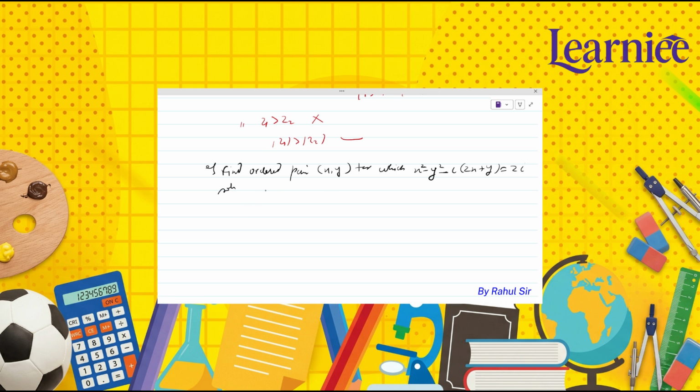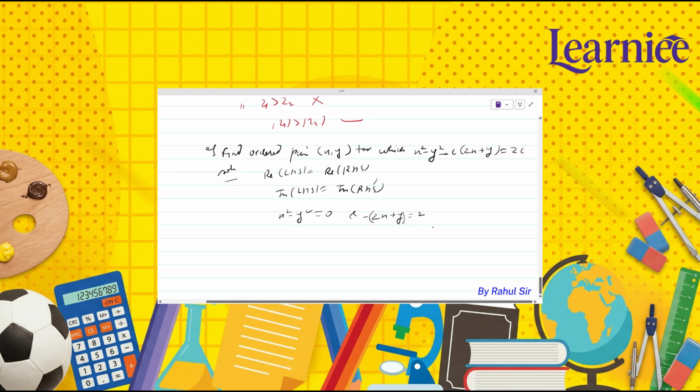So comparing the real part of the left hand side with the real part of the right hand side, and similarly the imaginary part of the left hand side with the imaginary part of the right hand side, we'll say x squared minus y squared is equal to 0 and 2x plus y is equal to minus 2.